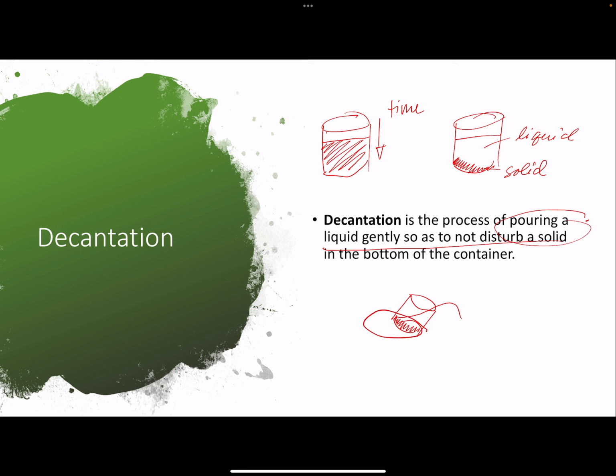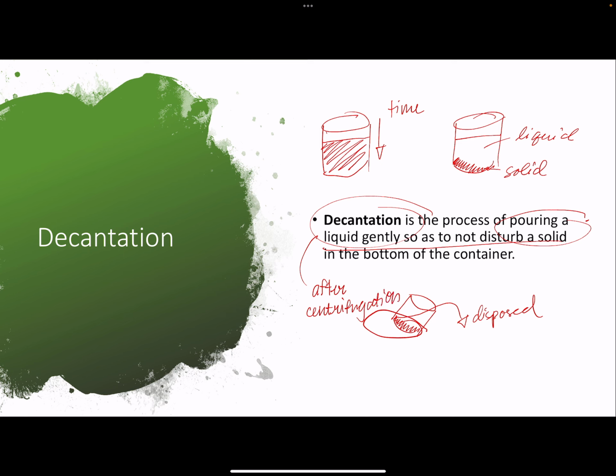The solid portion is going to be left behind in the beaker or container, and the liquid portion is going to be transferred or disposed. So decantation is a step that we can use after centrifugation.